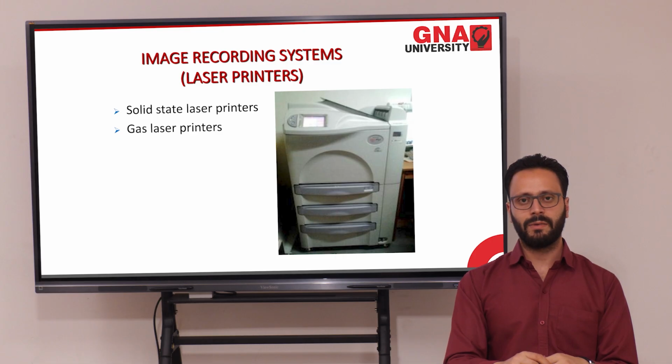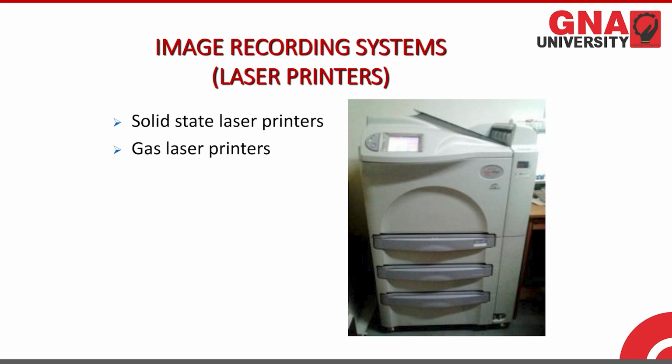First, the image display is simply the monitor on which we perceive those cross-sectional images. For image recording, we have different types of printers. Laser printers are mostly preferred. These are solid state printers and gas laser printers.